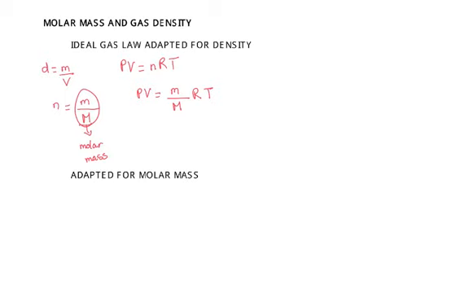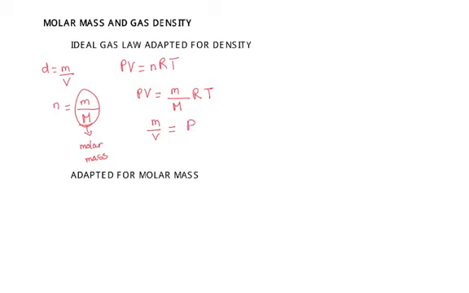If I were to manipulate that so that I have m over V, so basically I move my V to this side and then everything else to the other side. Since volume is moving to the other side, it's going to be in the denominator. And then that's going to be equal to P.